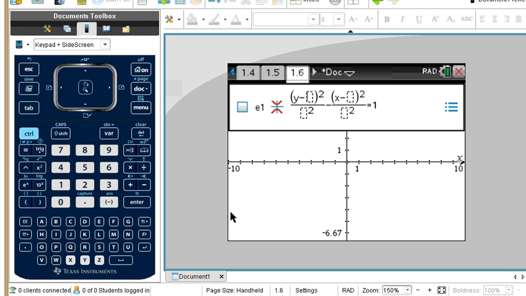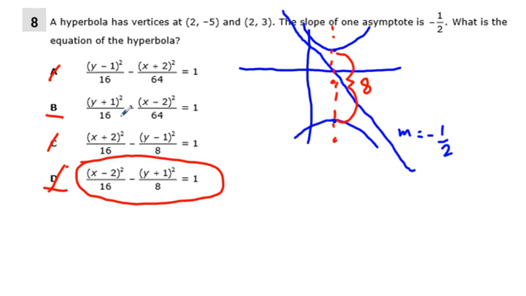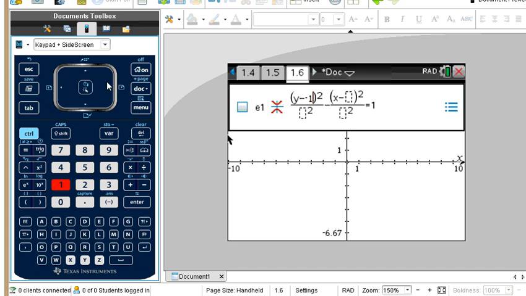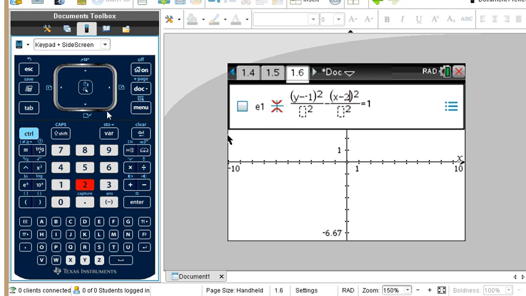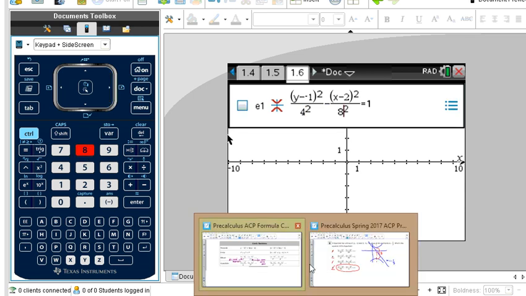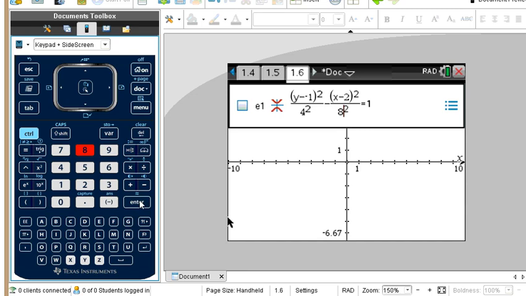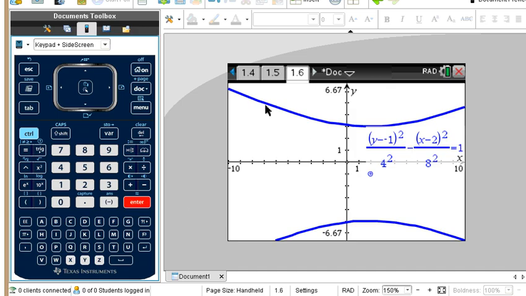So y minus, I don't know why I got that wrong. So y minus negative 1, x minus 2. So y minus negative 1, x minus 2, and we go down here, y is going to be 4 squared for 16, and this one here is going to be 8 squared for 64. Let's make sure that's right. Yeah. Okay. And now we graph, and this is what we get.